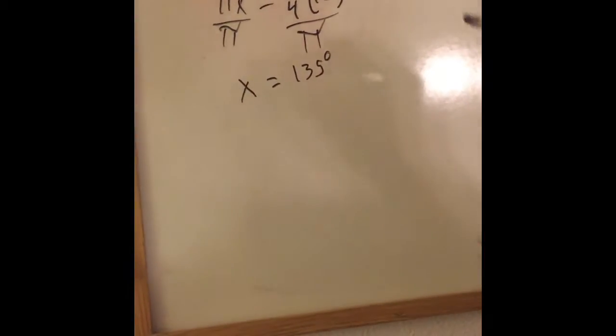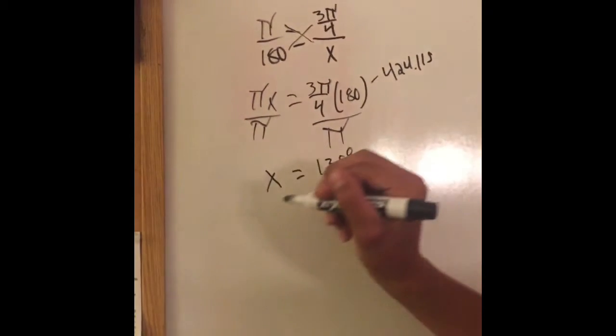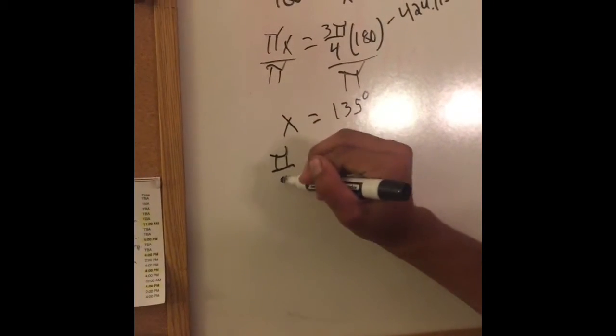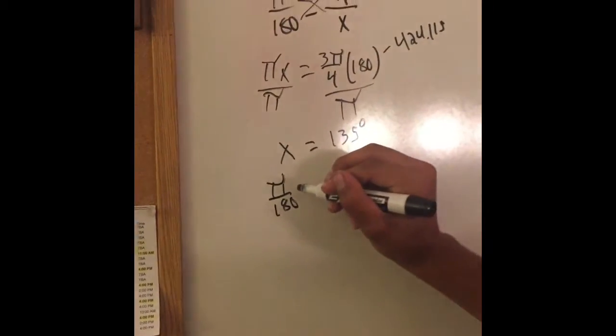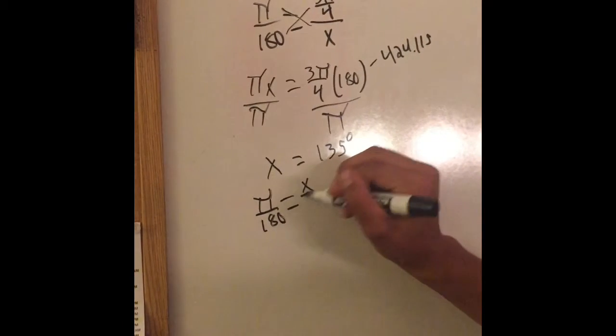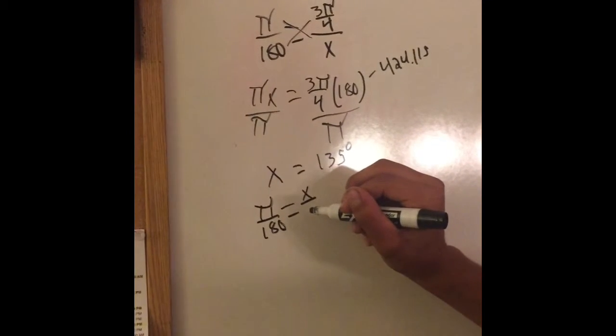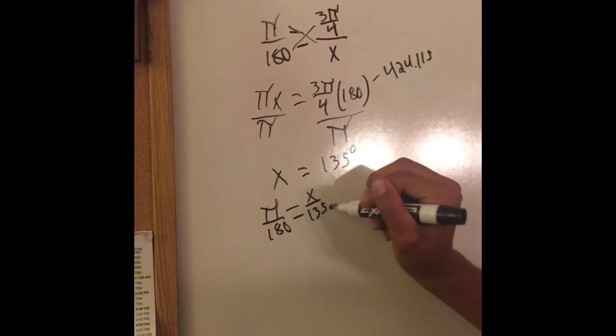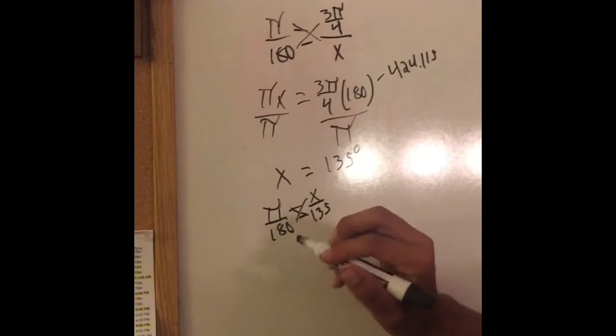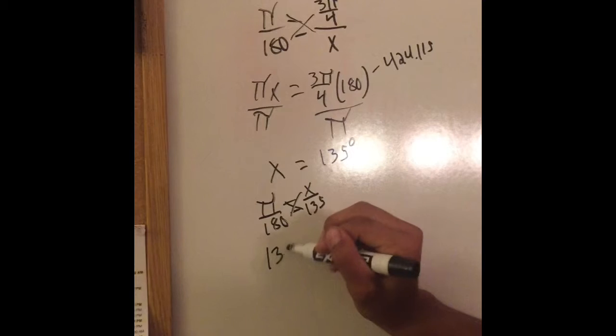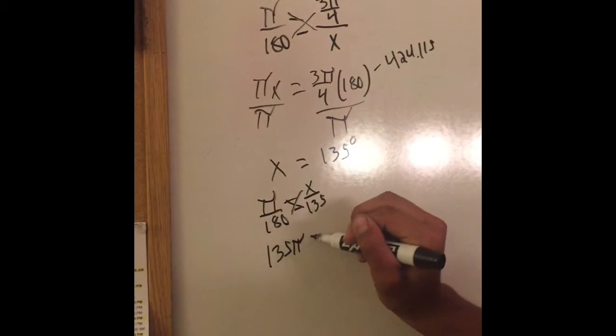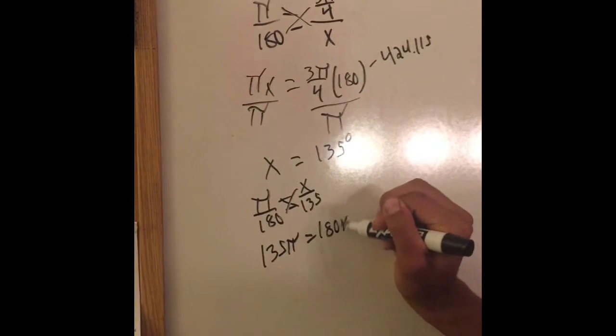So now we changed our radians into degrees, and I'm just going to quickly change that back so that you can go from radians to degrees and degrees to radians. You take the same equation, pi over 180, and you set it equal to x, which is now on the top for our unknown variable, and I set my 135 degrees down at the bottom. I'm going to cross multiply just like last time. Now I got 135 pi is equal to 180x.